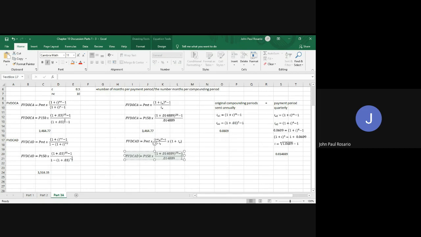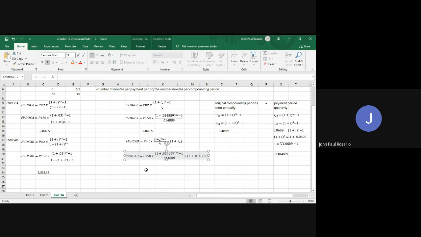Okay, and then just add another. Another. Oh, not that one. Why is it different? Oh, there we go. And we multiply 1 plus I, which is our equivalent I, 14889.